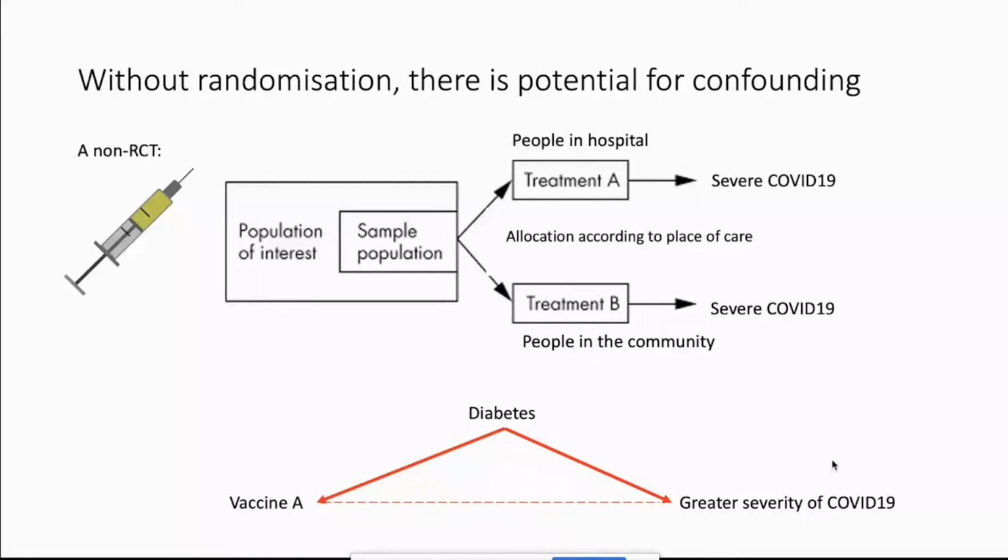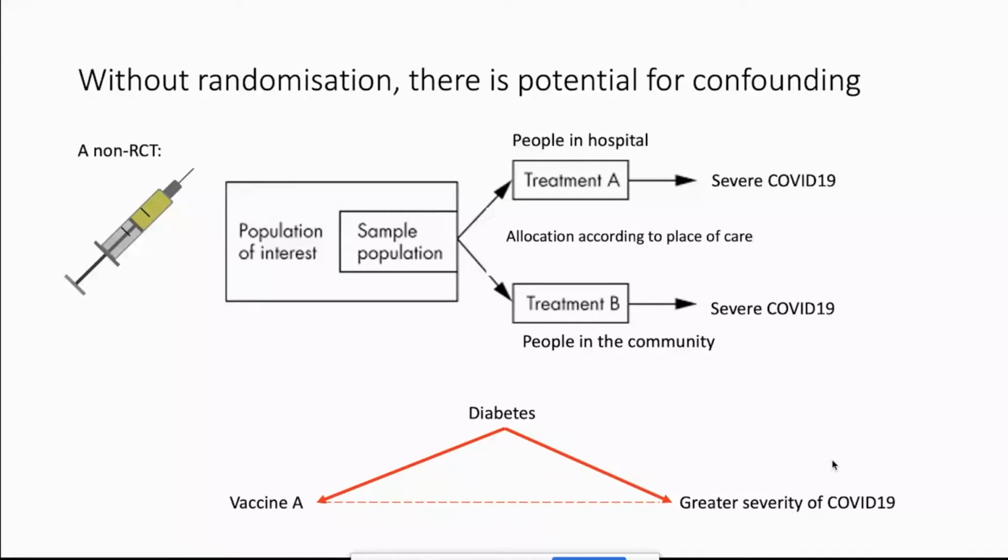They gave vaccine A to people in hospital and vaccine B to people in the community. Then they followed them up and saw what proportion of each treatment arm had severe COVID-19. As you would probably expect, people in the community who received vaccine B had less severe COVID-19.